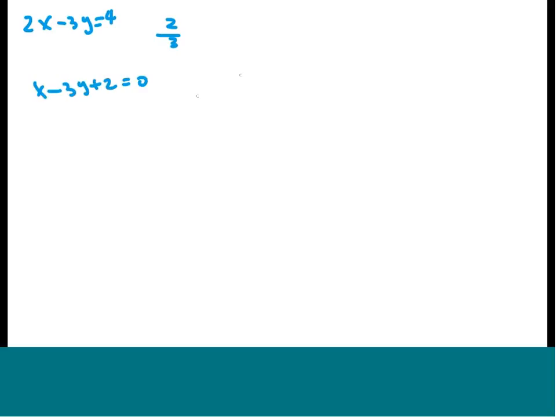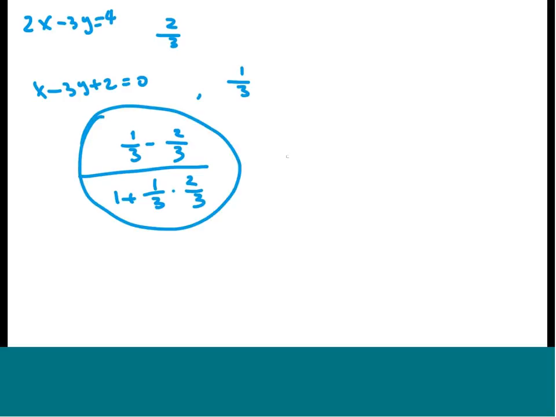So the slope is 1 over 3. We just calculate using the formula. Whatever this value is, that's it. Right, guys? I think they get 3 over 11. Good.